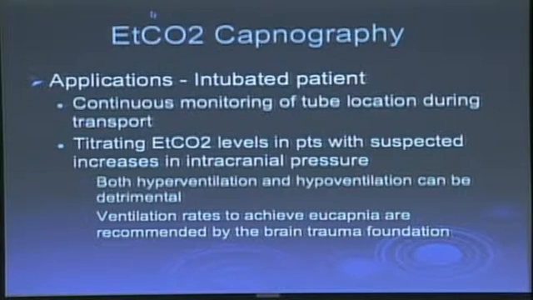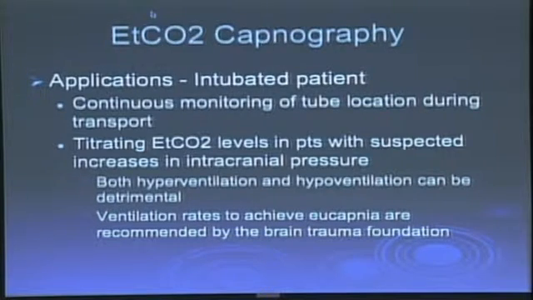Now, you can get a good EtCO2 level with right bronchial placement. So if you put your tube in too far, go down to the carina and then slide down the right mainstem, you still will get CO2, which means you've got a good ET tube, but you still have to monitor the patient, make sure they have breath tones on both sides, and it's working well.